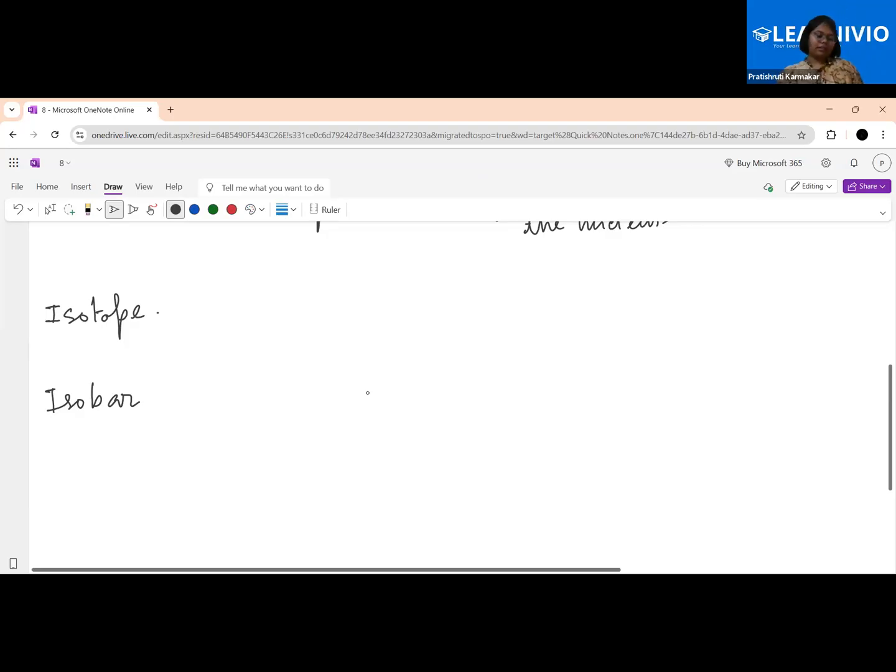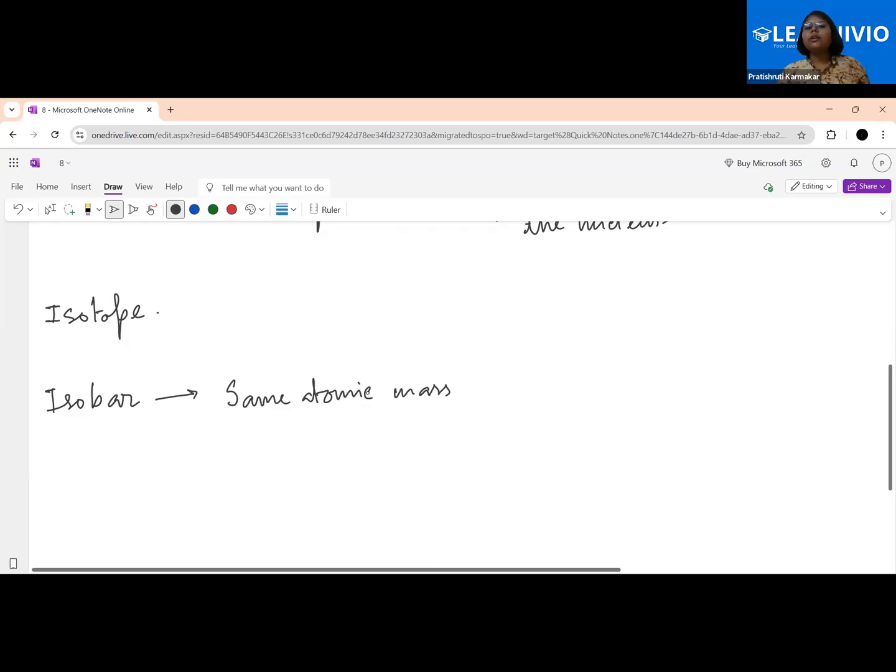No, no, there is nothing different like that. For a molecular mass, we need molecules. We don't have molecules here, we have atoms. So what are the two properties we have seen? We have seen atomic number and atomic mass, right?